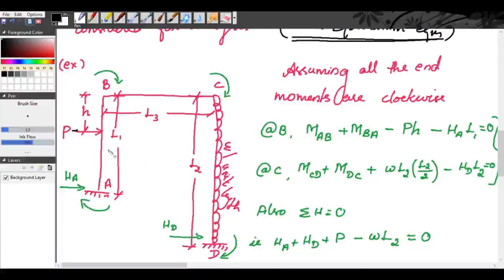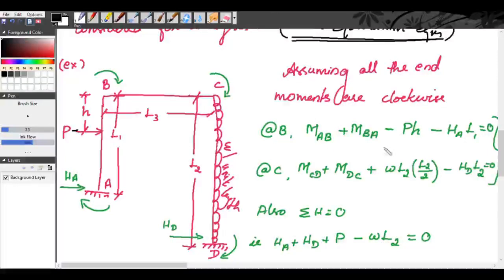So if such a portal frame, or any other portal frame with a side sway, is given to you, how you have to consider the shear is, for example, we are considering all the support moments as clockwise. Only after analysis do we know whether this is clockwise or anti-clockwise.